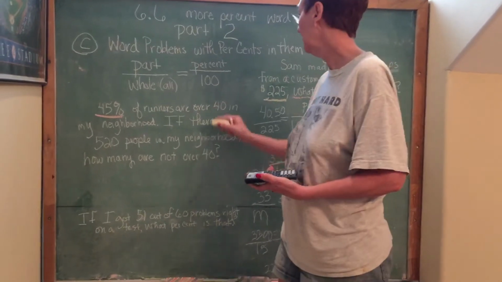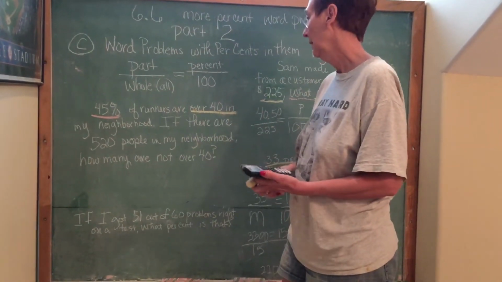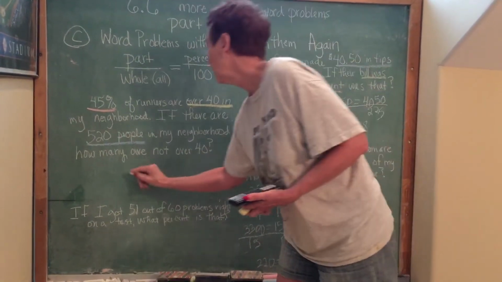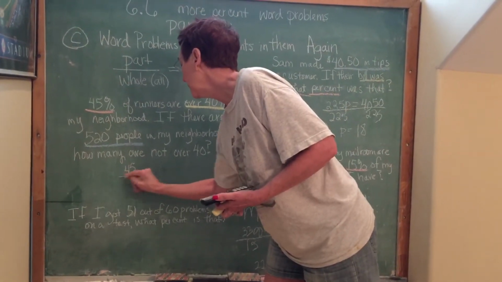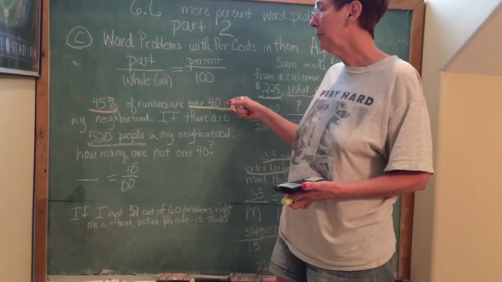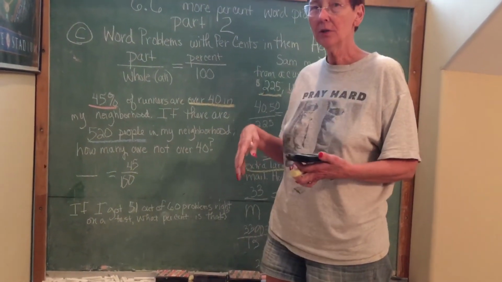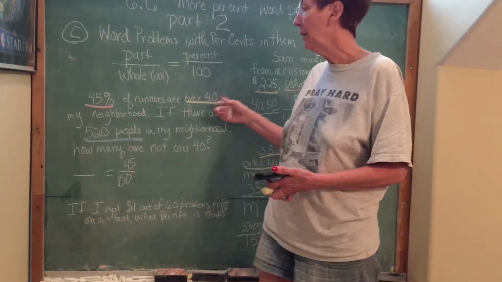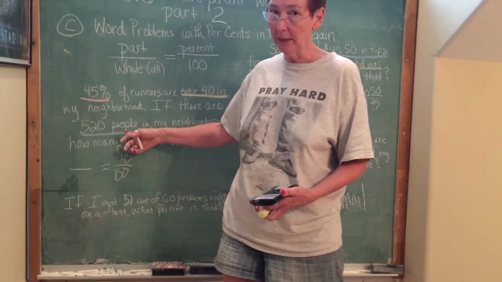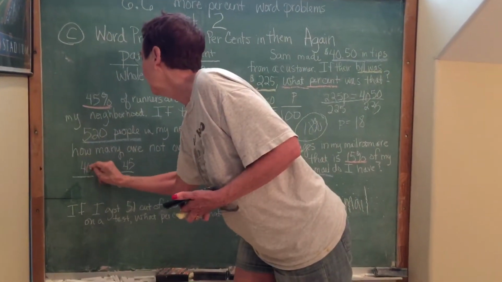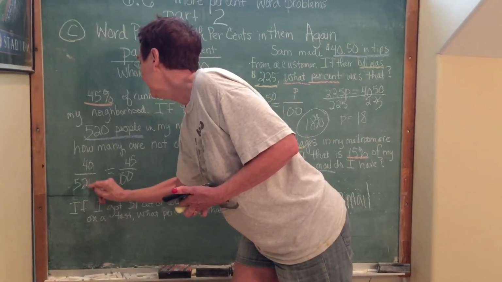Then I've got people that are over 40, and people in my neighborhood. Are the people over 40 the part, or are they all of them? Obviously the people over 40 would be a part of all the people, so here's my part, here's my all. So you have p over 520.